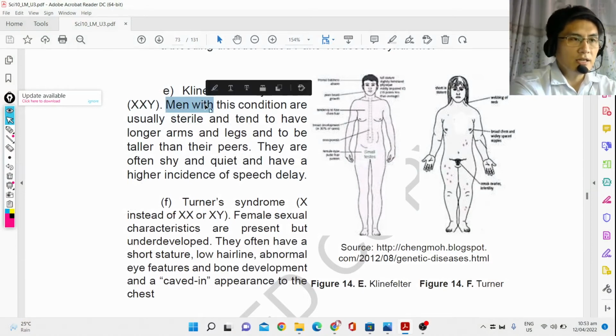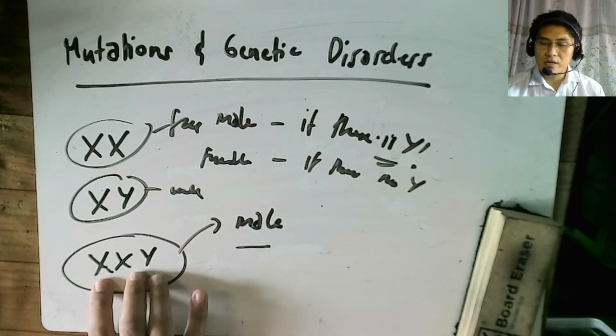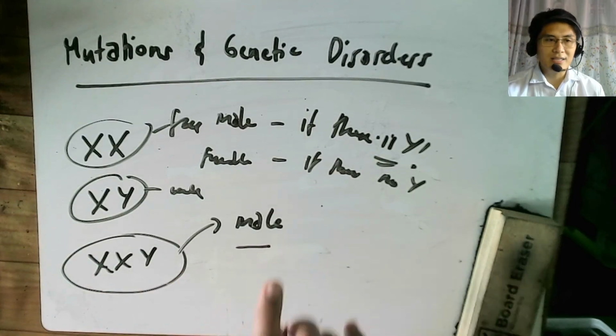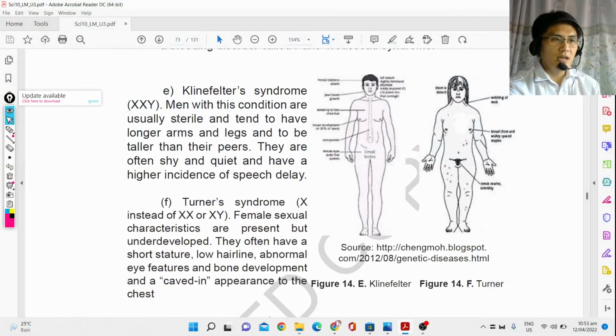Again, the idea is as long as there's a Y, it doesn't matter if there are three chromosomes, XXY. As long as there's a Y, it is considered male, right? So men with this condition are usually sterile, so they can't produce offspring, and they have longer arms and legs. They are often shy and they have a higher incidence of speech delay, right?